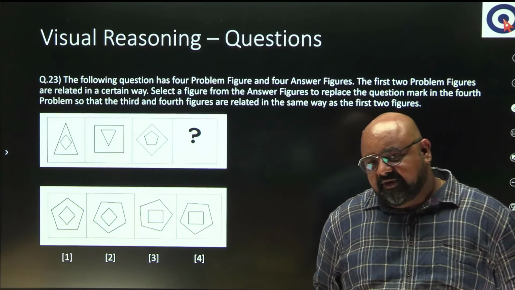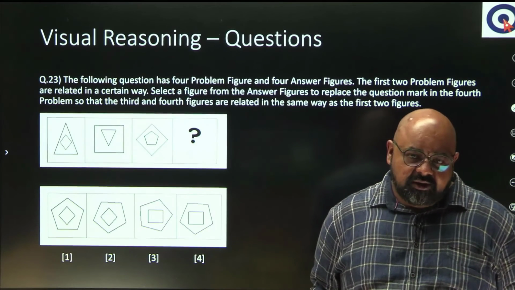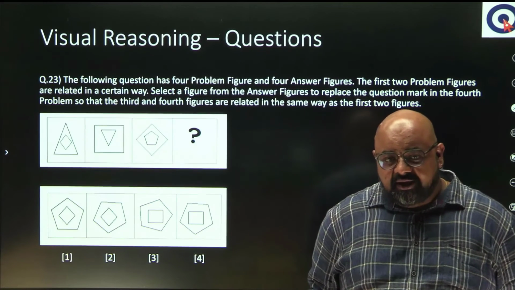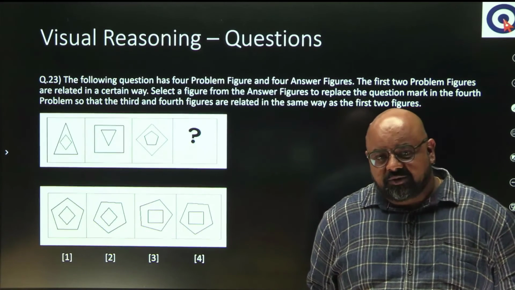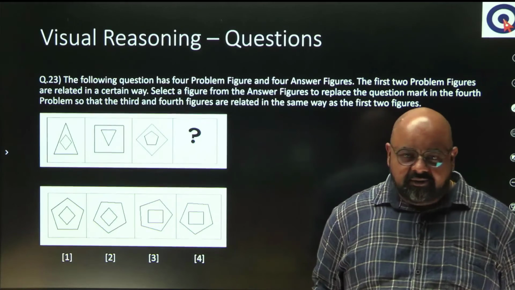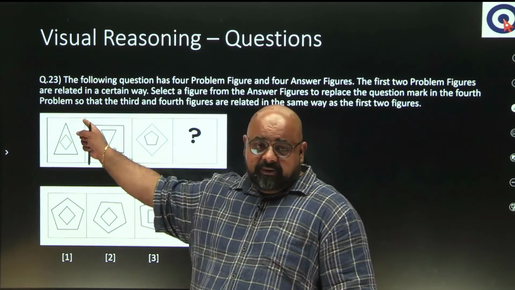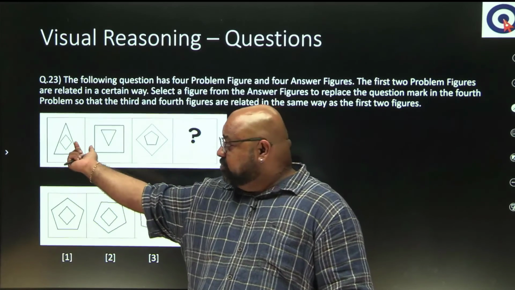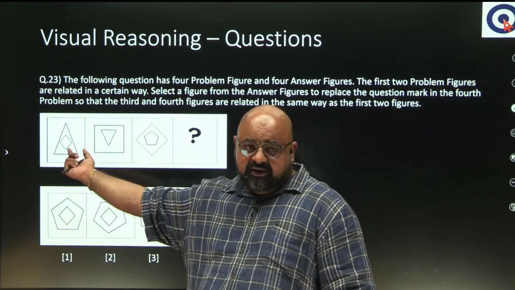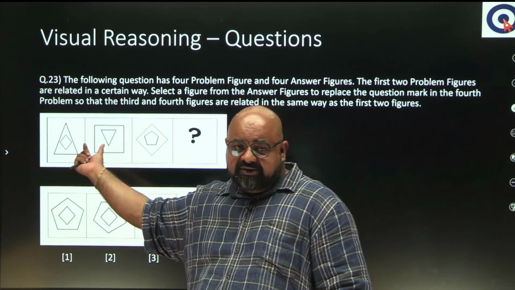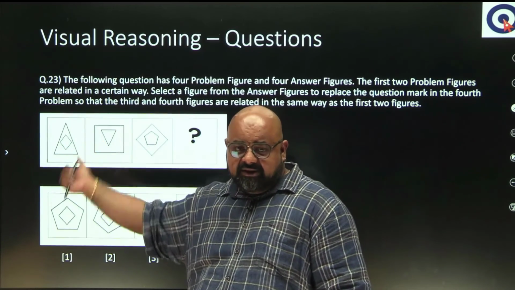The same figures are there in the second image as well. The only thing is, the triangle was outside, it has gone inside. The square was inside, it has come outside, right? So their relative size changes. Also, the triangle is pointing up, now it points downwards. The square also has taken a turn by 45 degrees. So first it was diamond shaped, now it is back in the square shape.